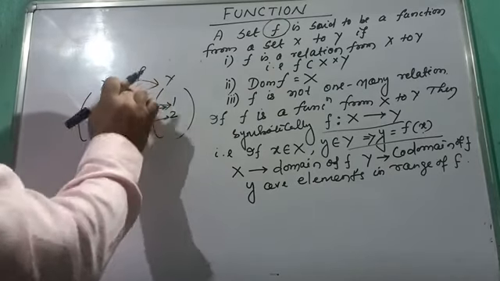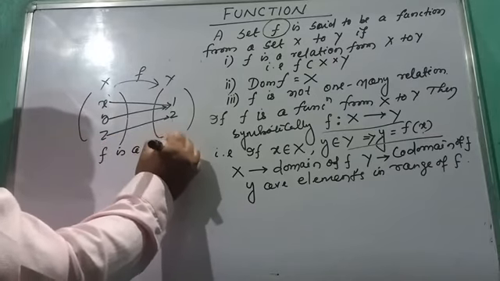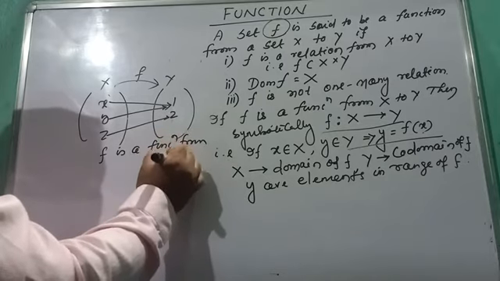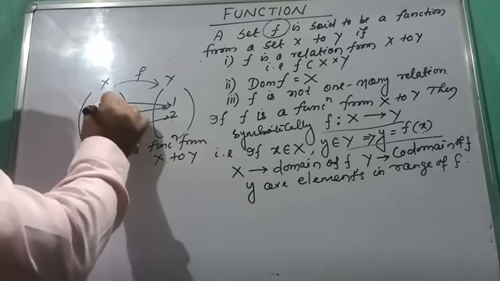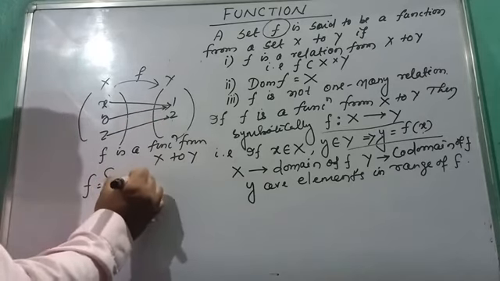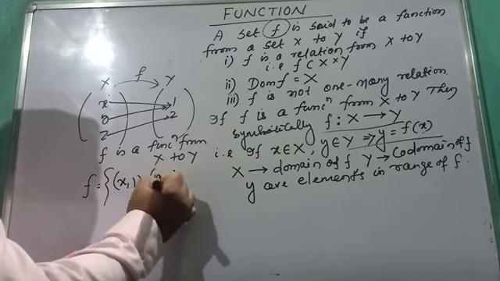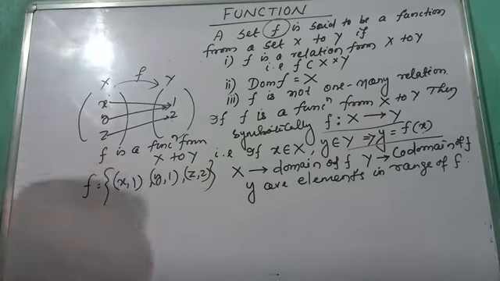Then here F is known as a function from X to Y. That means the function F is: x is related with 1, y is related with 1, and z is related with 2. That is your function here.